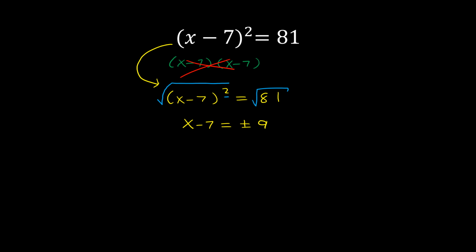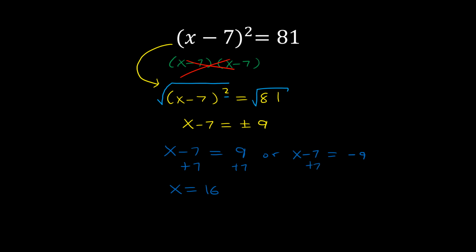So really we have two equations. We have x minus 7 equals positive 9, or x minus 7 equals negative 9. So you just solve both of those like normal. So you would add 7. So x equals 9 plus 7, which gives us 16.